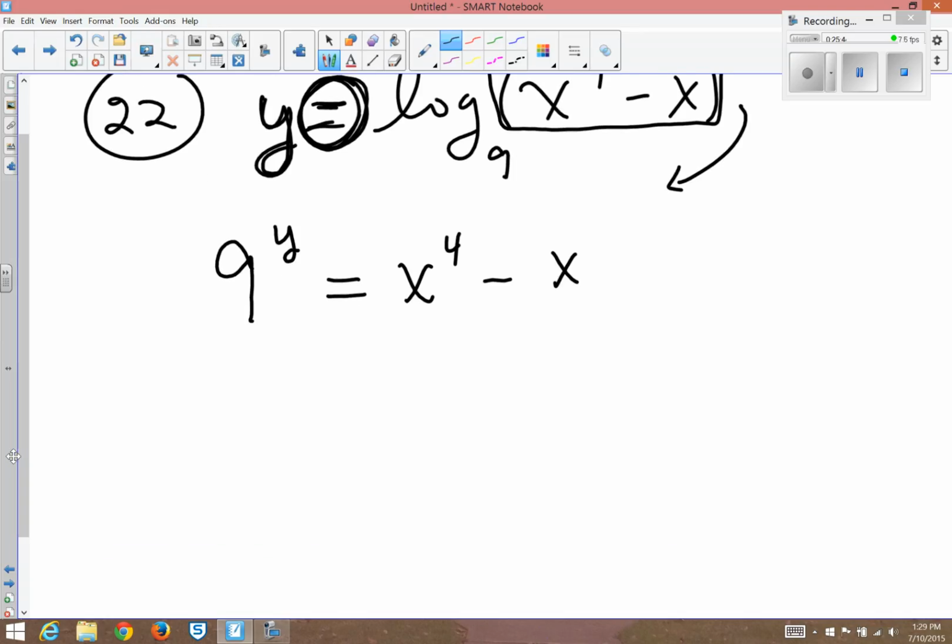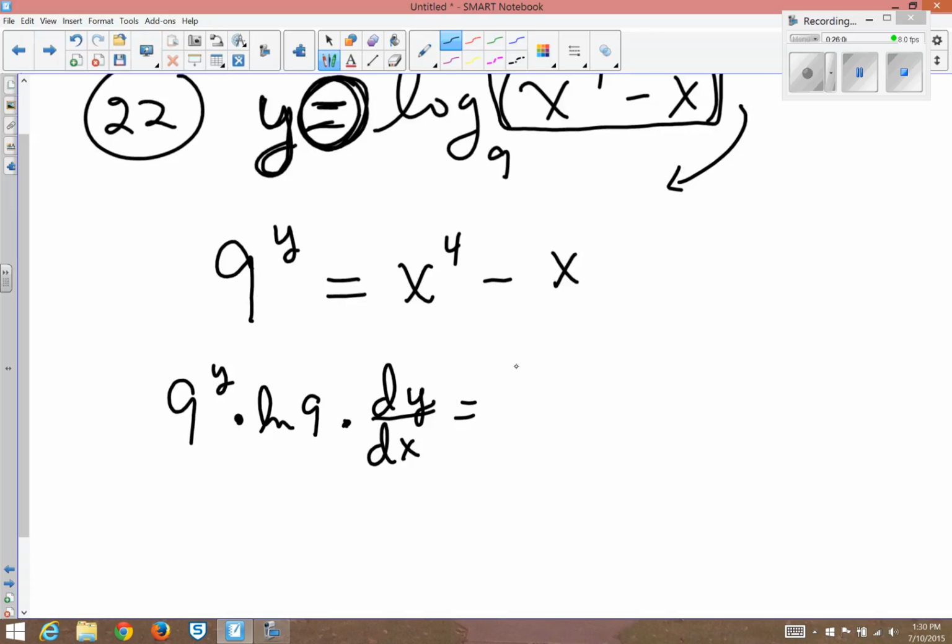Now we're going to differentiate both sides. The derivative of the left side, the derivative of 9 raised to the y, is 9 raised to the y times the natural log of 9 times the derivative of the exponent with respect to x.